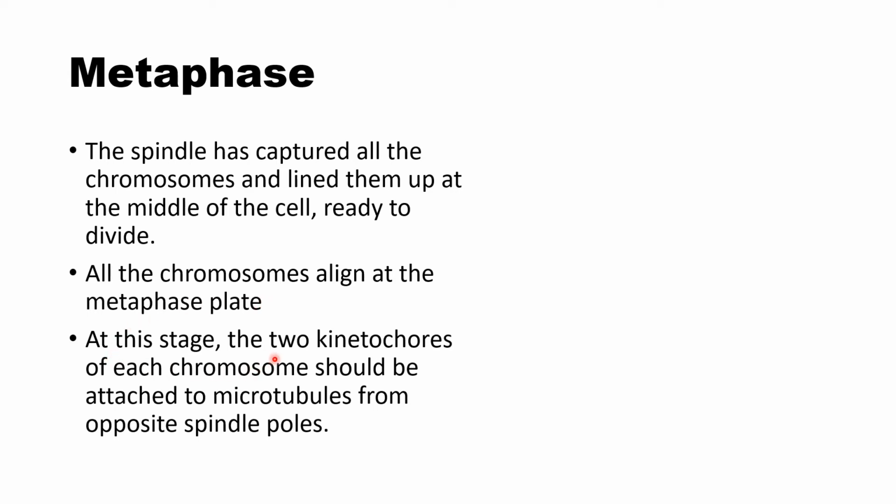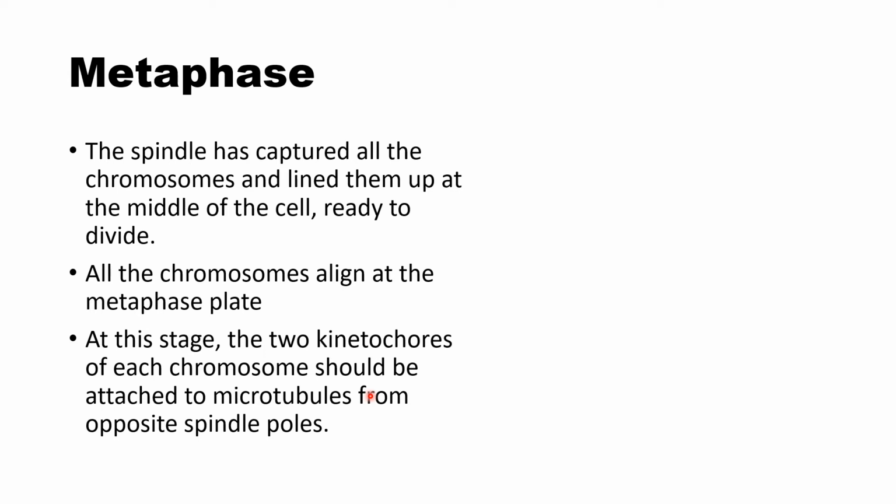So at this stage, the two kinetochores of each chromosome should be attached to microtubules from opposite spindle poles. So dapat yung dalawang kinetochore doon sa centromere ng isang chromosome, doon sa chromatids, naka-attach na yung microtubules. So, bale, dalawa yung kinetochore.